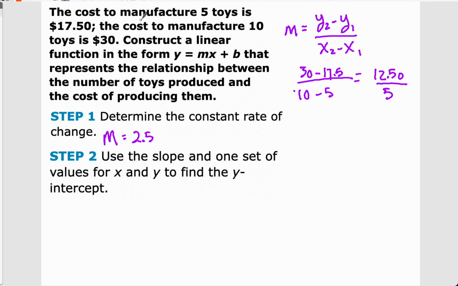Now this is where it gets a little bit tricky. We haven't done this before, but we know what we need to do. In order to write our slope-intercept equation, we need two numbers. I need to know the m and I need to know the b. Well, I just found the m. I know what that is, but I don't know what the b is.